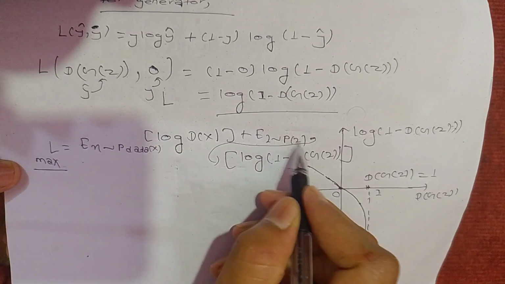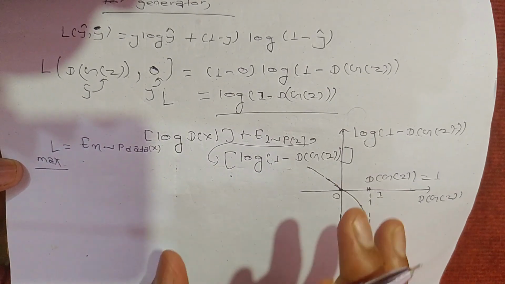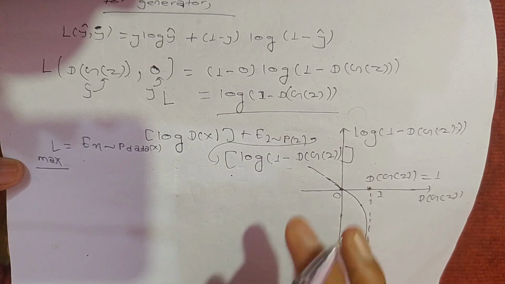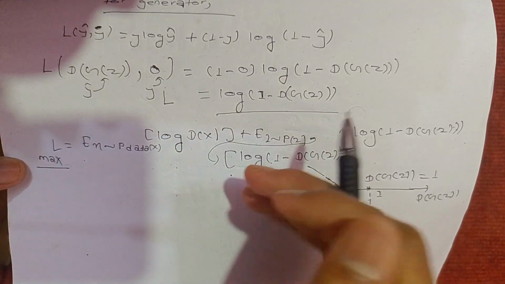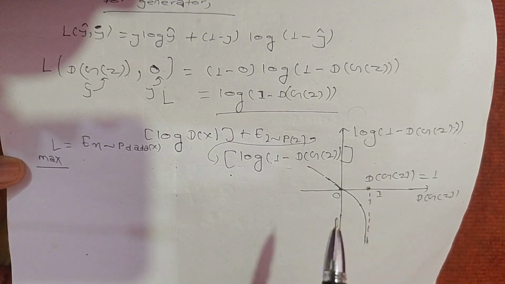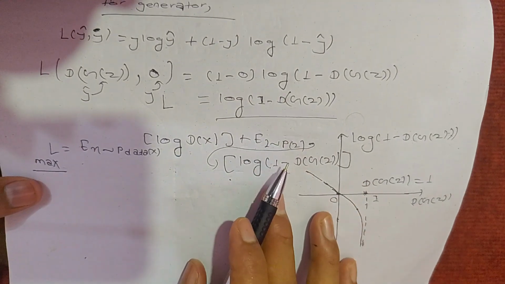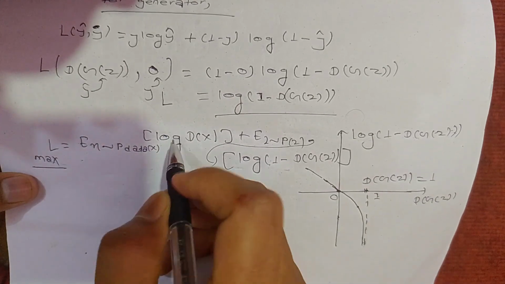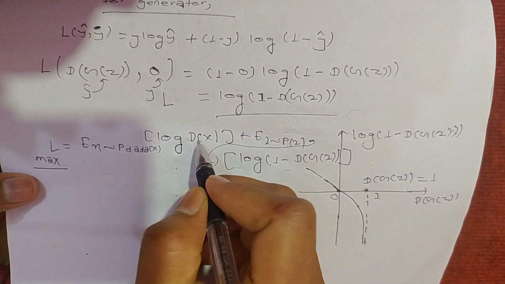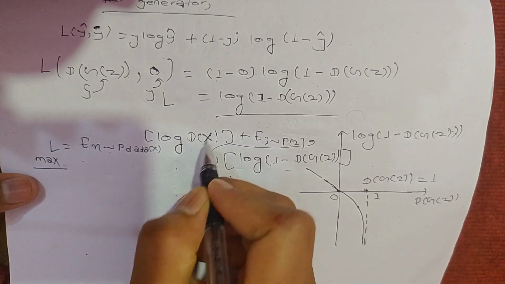So for the generator, let's try to derive the objective from this discriminator objective. For the generator, we do not have access to this term, log of D of x, so we do not optimize it for the generator.